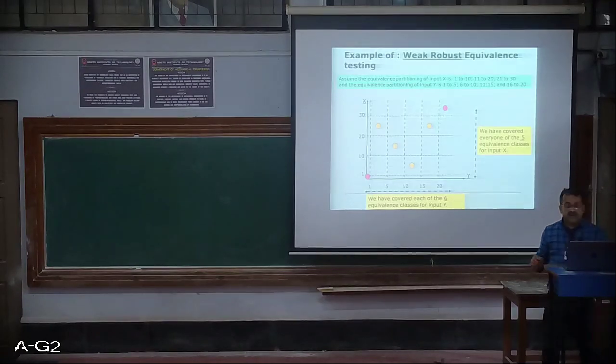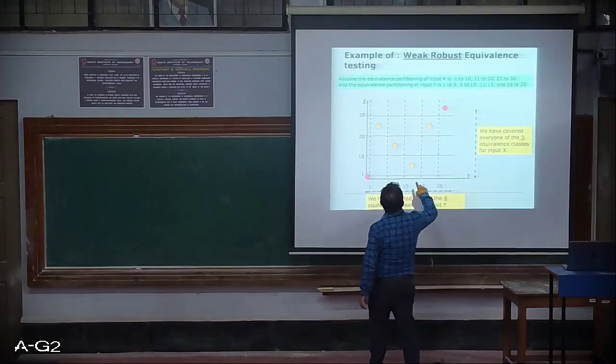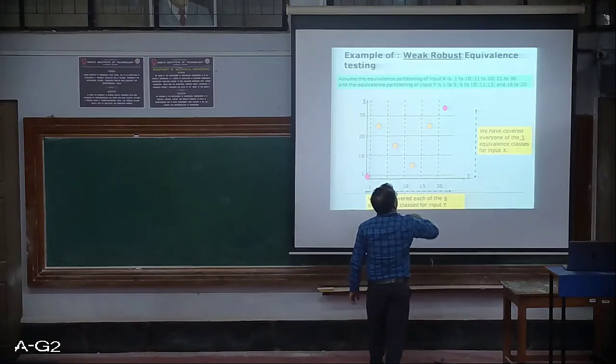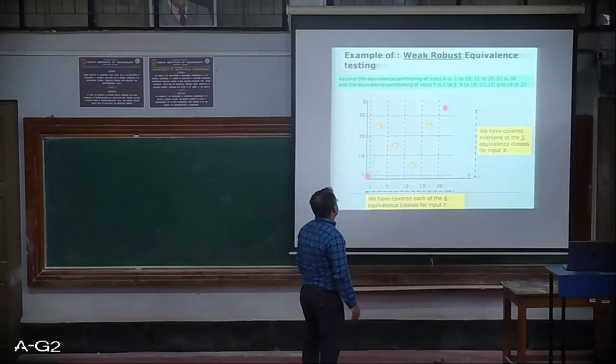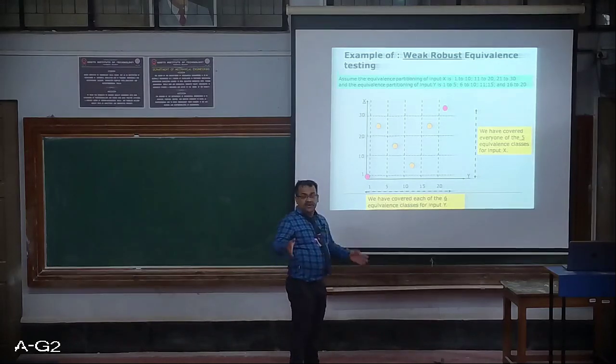So here you can see, taking the same example, this is what we discussed earlier in the case of normal equivalence class or weak equivalence testing. Now we have 2 other equivalence classes which are in the invalid ranges.